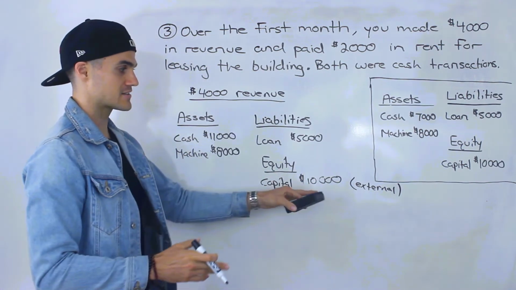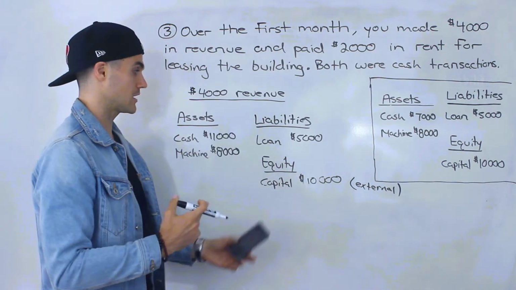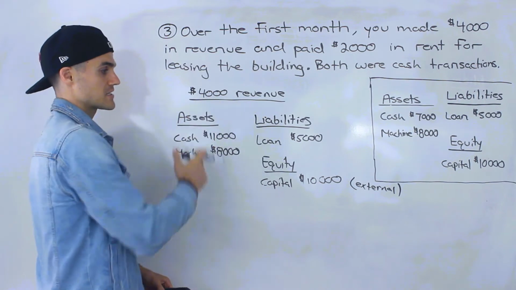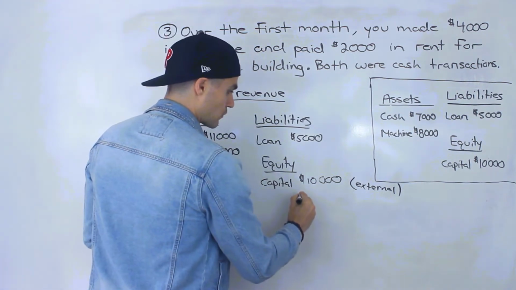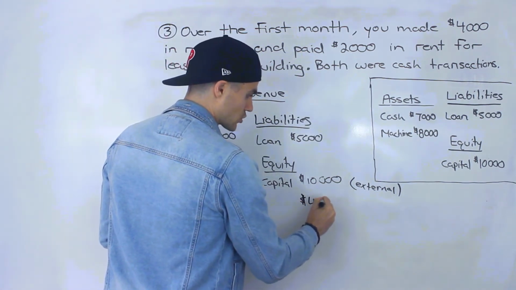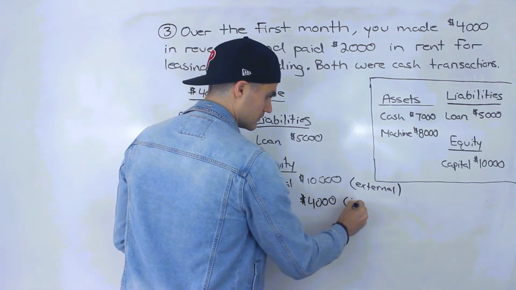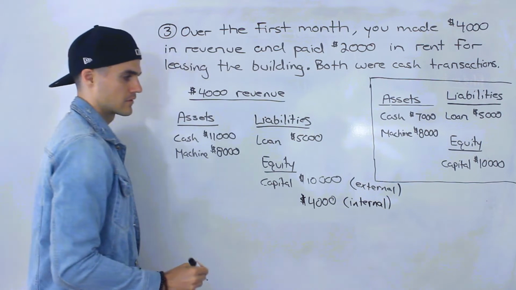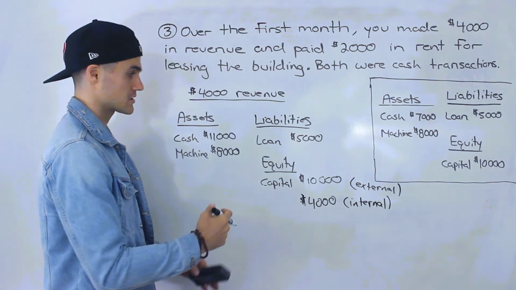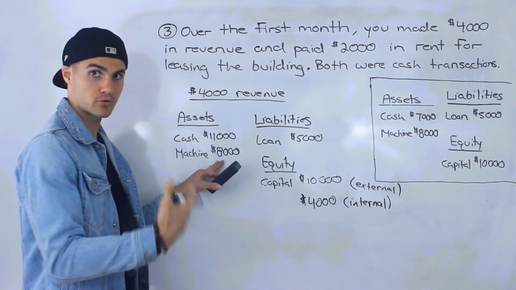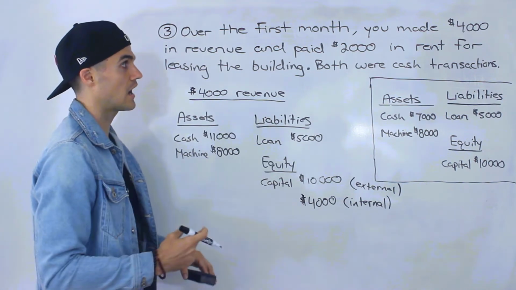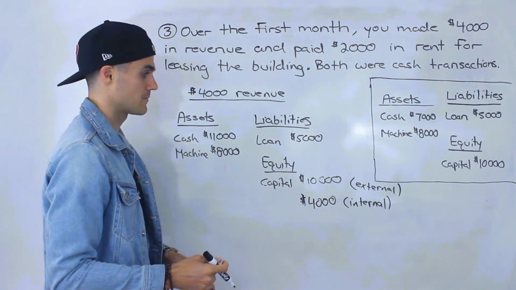Okay, so that $10,000 came from outside of the company, while this $4,000 of revenue that is made, notice that that $4,000 is produced internally. It was produced through the operations of the business, right? From selling the ice cream, the $4,000.